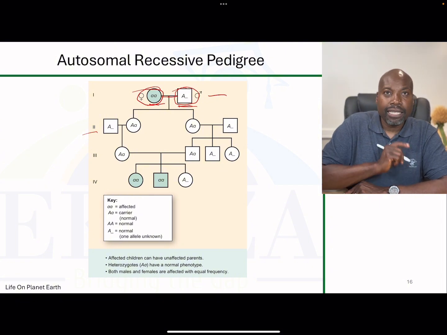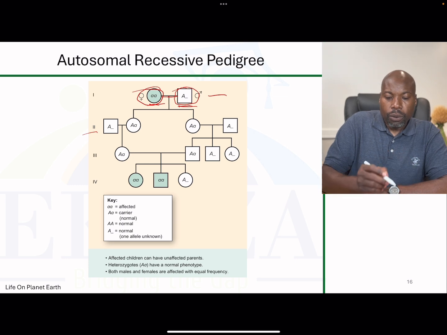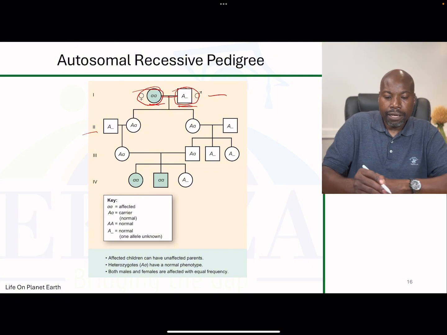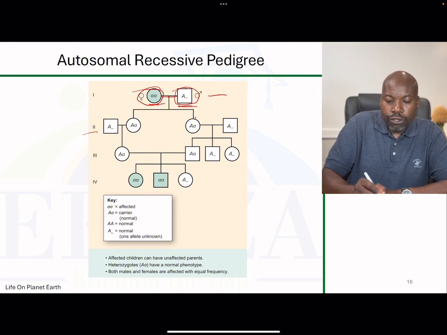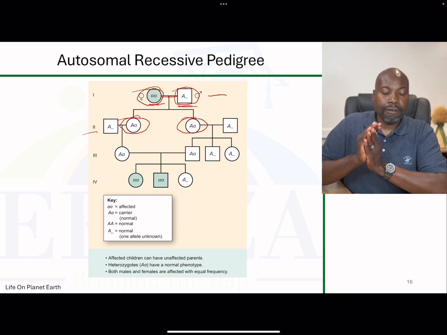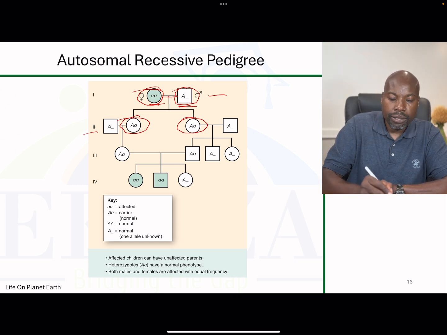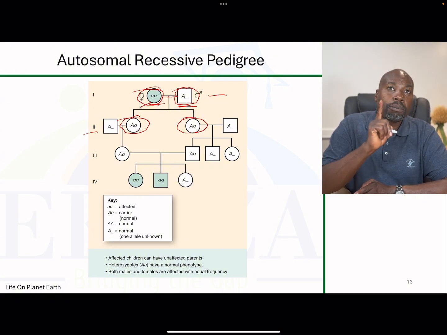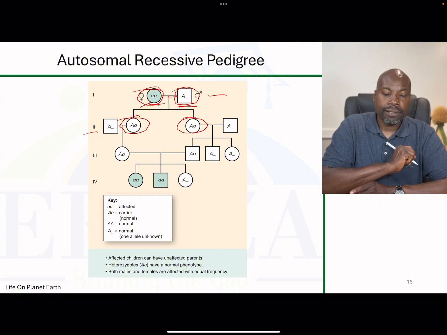So in that condition, we see from the history of this family that the offspring right here are unaffected. Know that mom, as the parent here, can only produce what kind of gamete?